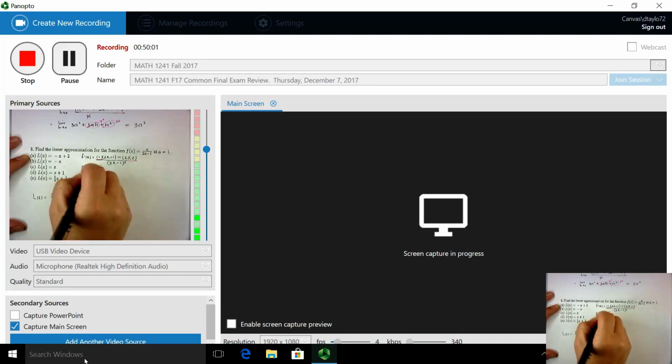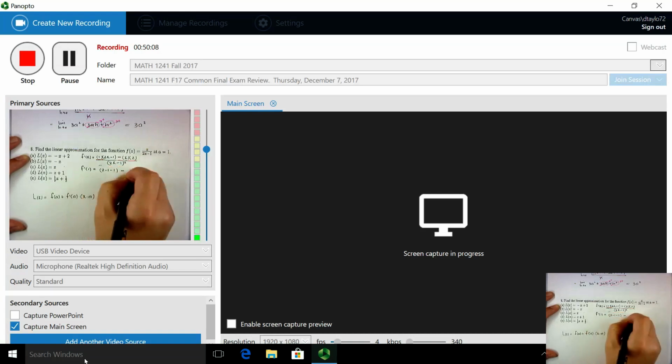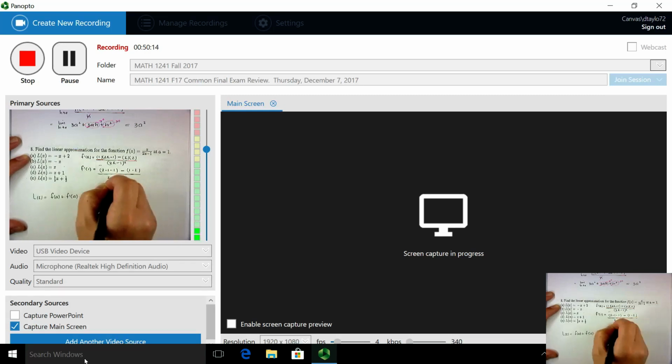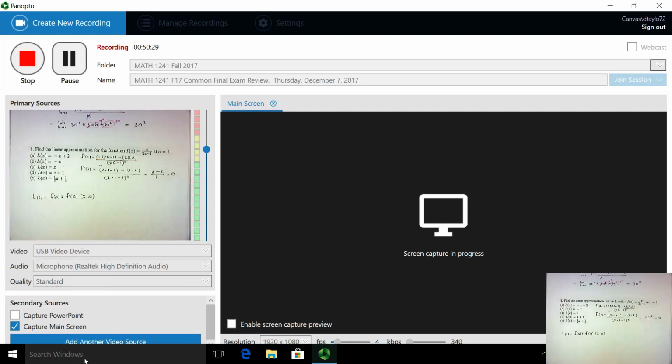So f prime evaluated at 1 is equal to 2 times 1 minus 1 minus 1 times 2, divided by (2 times 1 minus 1) squared. This is equal to, let's see, 2 minus 1 is equal to 2 minus 2 over, let's see, 2 minus 1 is equal to 1. 2 minus 2, however, is equal to 0.